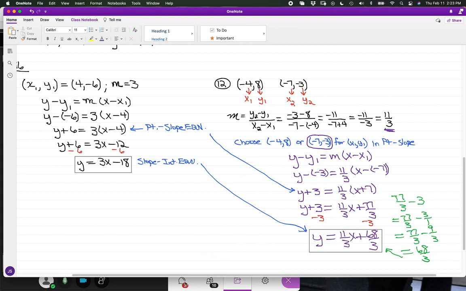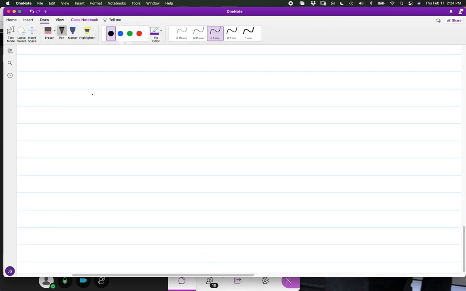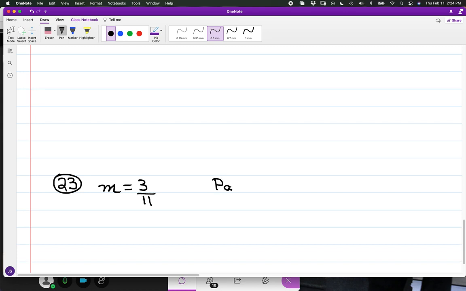All right, let's see what we have here with number 23. Now you have a given slope, where m is equal to 3/11. If I'm looking for the slope of a line that's going to run parallel, and the slope of the given line is 3/11, a parallel line is going to have the same slope.